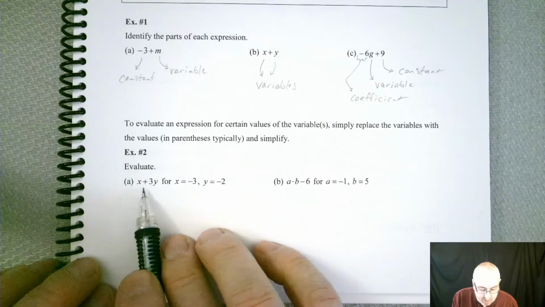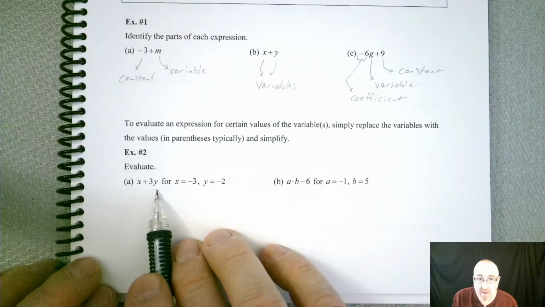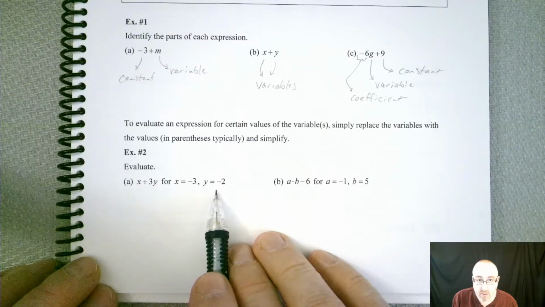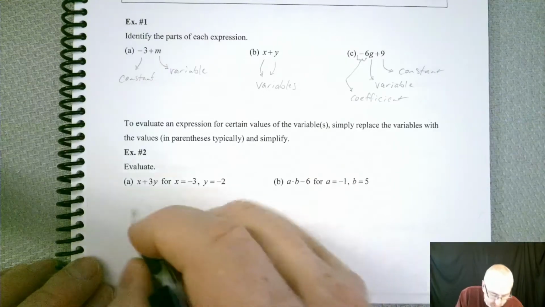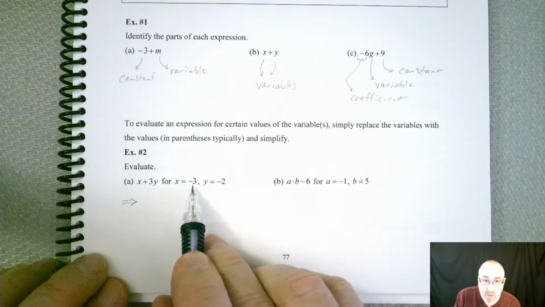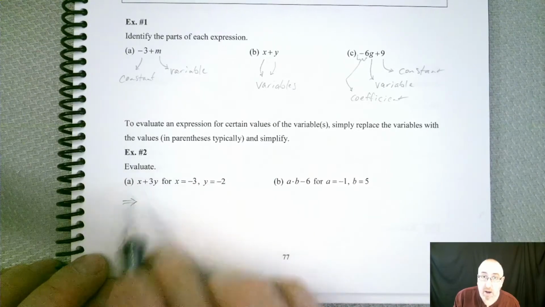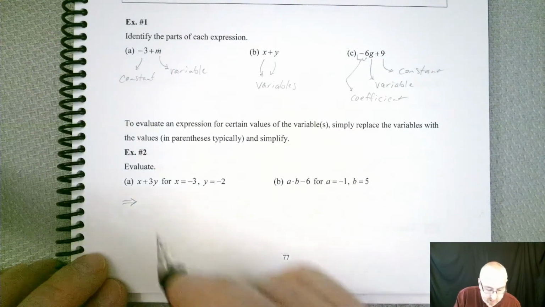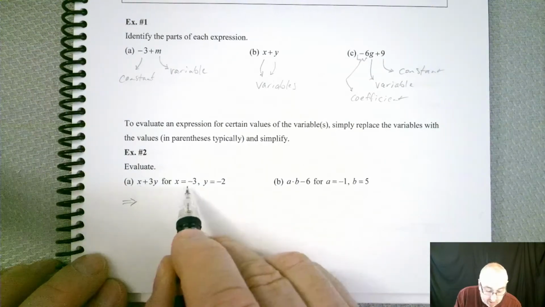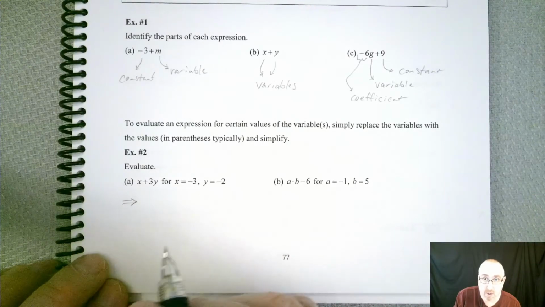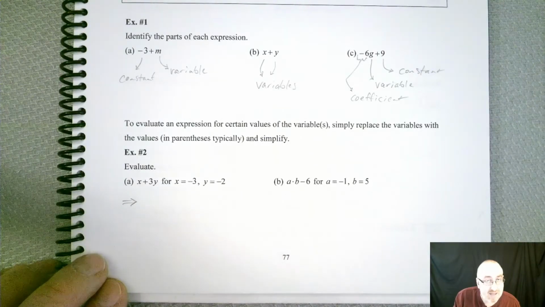So if we have x plus 3y and we want to evaluate that for when x is equal to negative 3 and y is equal to negative 2, we would have something that looks like this. The negative 3 is going to replace the x. Now here's the one case where you don't need parentheses, because it's at the beginning of the expression. That's the one exception. The very first thing doesn't necessarily need them.